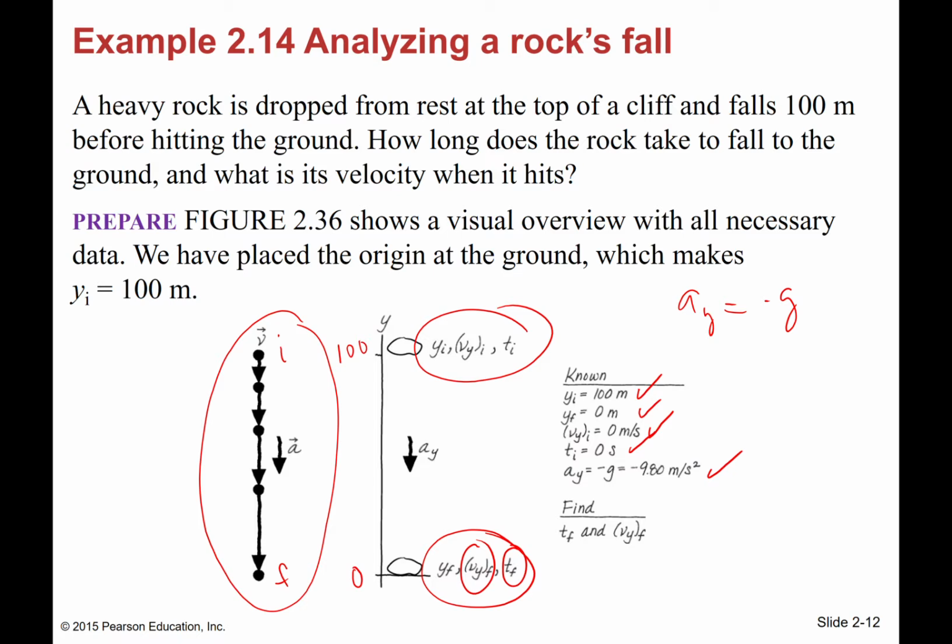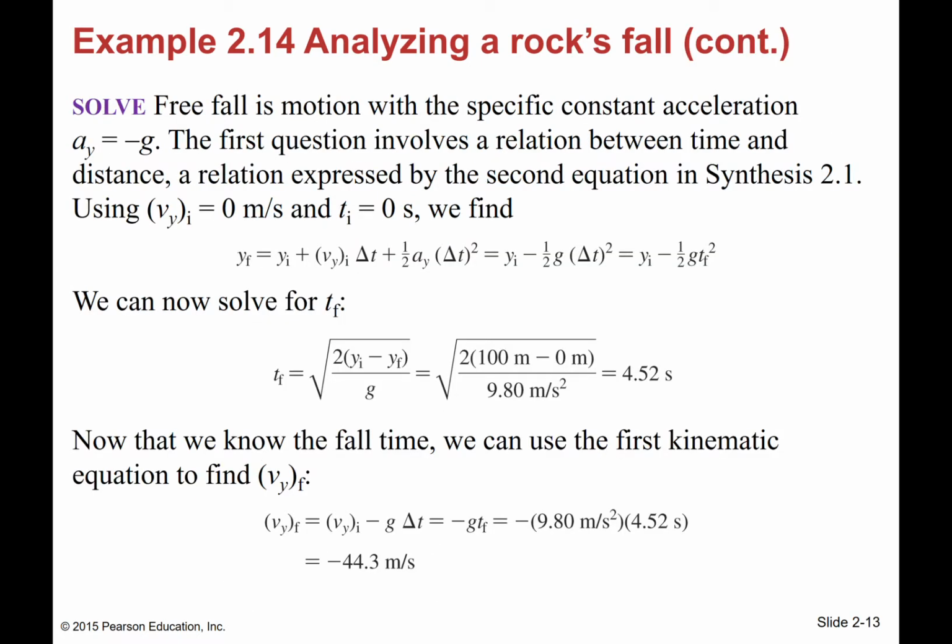So let's look at how to do this. We have our 3 equations. The first one that we're going to use is y final is equal to y initial plus initial velocity times delta t plus 1/2 a delta t squared, and this a is minus g here. So I write it using g, so I have y initial minus 1/2 g delta t squared.